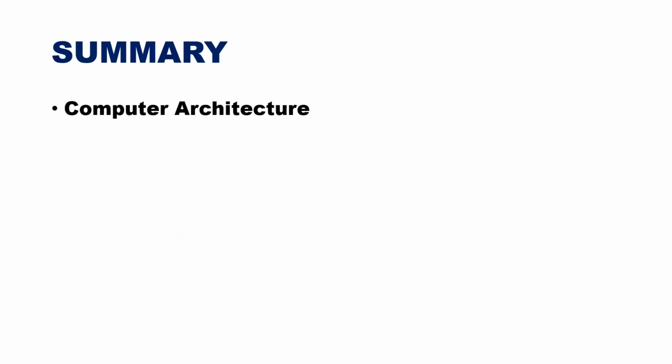And in summary, we have seen computer architecture, basically two types, Von Neumann and Harvard. And we understood the difference between Von Neumann and Harvard architecture. And we discussed the advantages and differences of RISC and CISC.